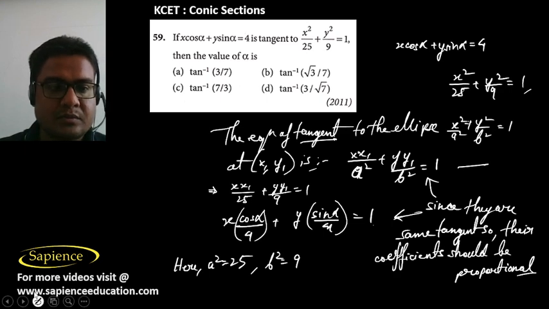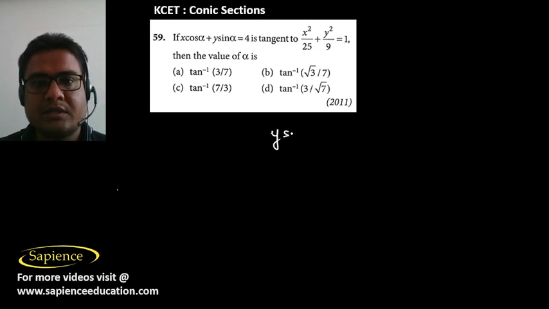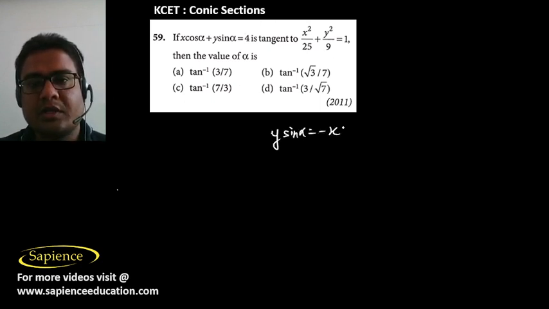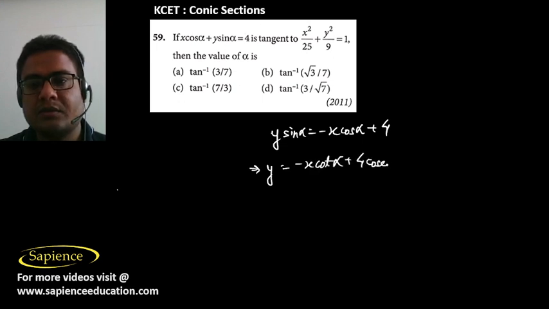Okay, so actually we have to solve in a different way. Suppose y sin alpha is equal to minus x cos alpha plus 4. Therefore the equation of the tangent is y equals minus x cot alpha plus 4 cosec alpha.